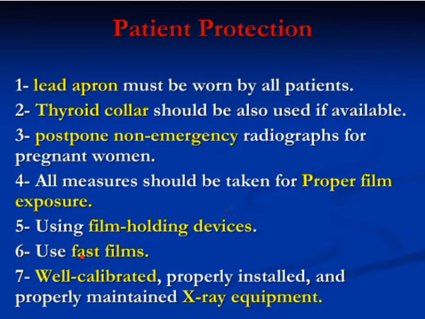Fast films, if you're using films. If you are going to use digital radiography, then the radiation exposure is reduced by 80% compared to a normal film, so it is much better for a patient. Well calibrated, properly installed X-ray machine equipment.